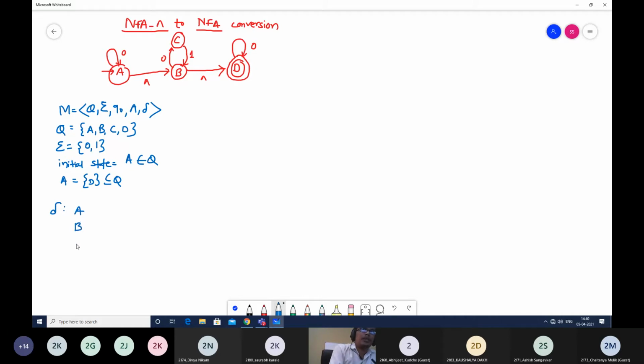comprising the 4 states A, B, C and D, for which we'll have transitions for 0, 1, and as it is an NFA null, we'll have transitions for null also.